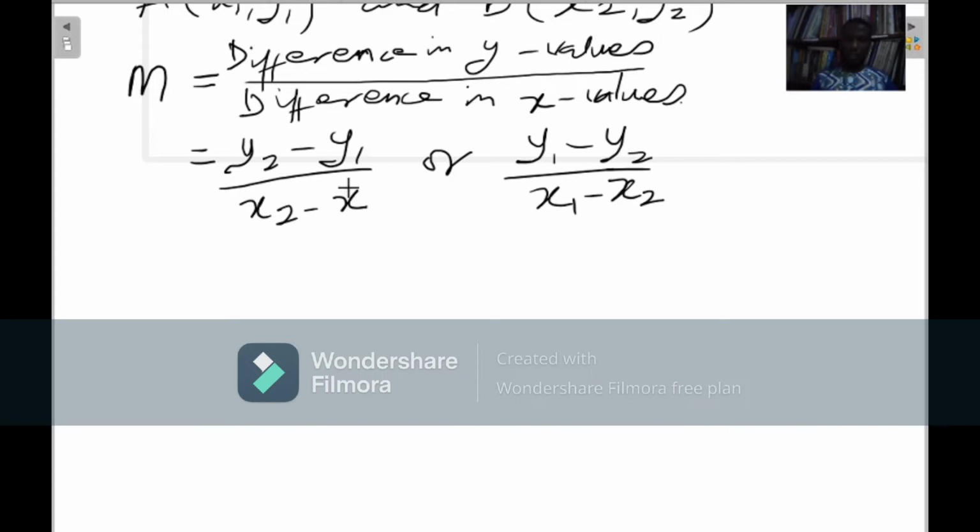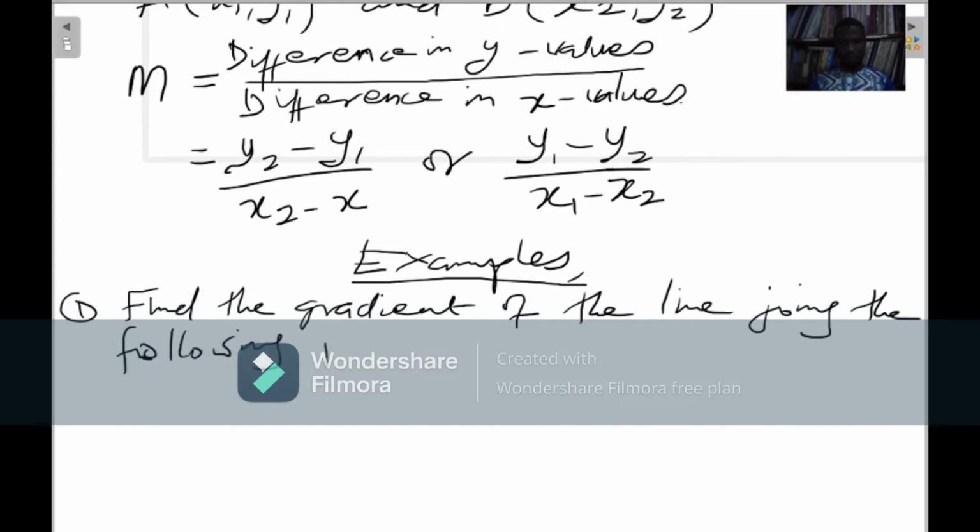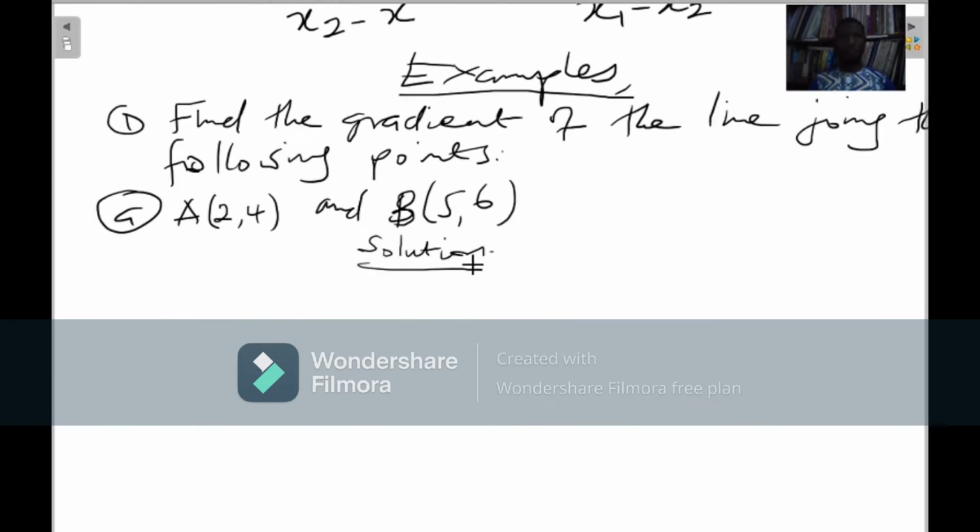Let's take some examples on this quickly. We have a general instruction that says find the gradient of the line joining the following points. The very first pair of points: A has the coordinate 2, 4, and B has the coordinate 5, 6.